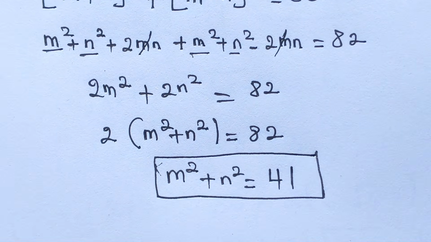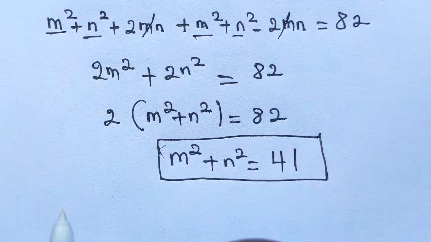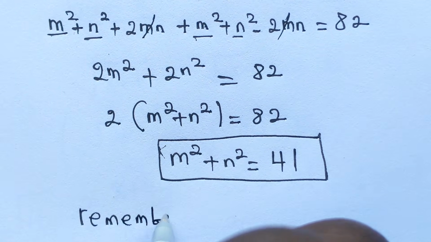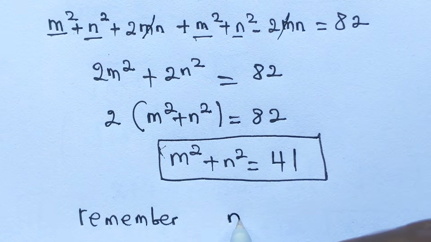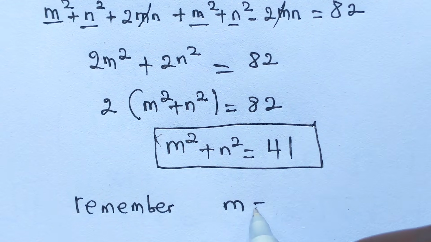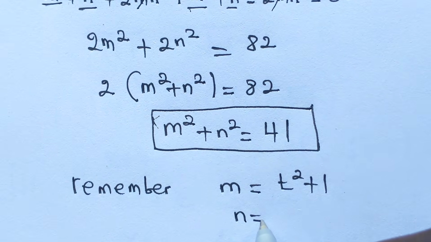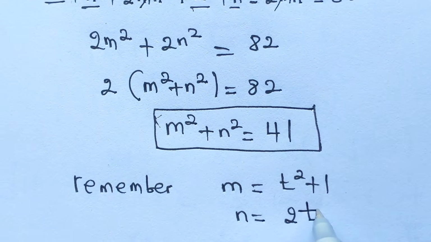At this stage, remember that m is equal to t squared plus 1 and n is equal to 2t.